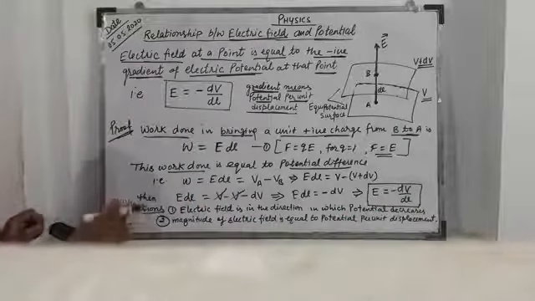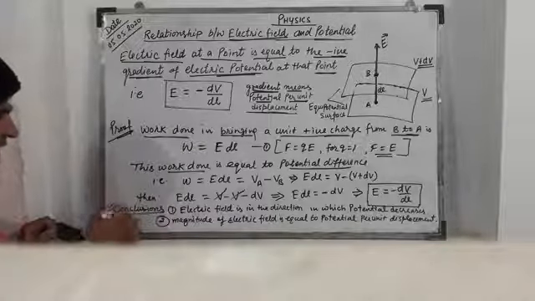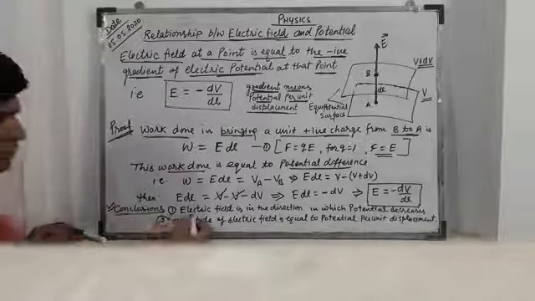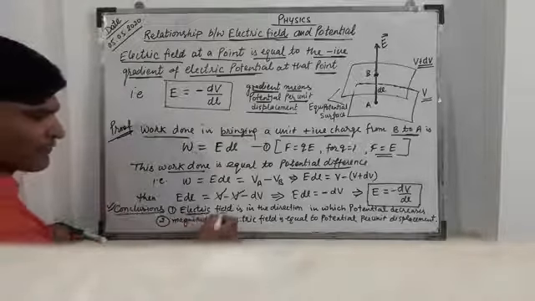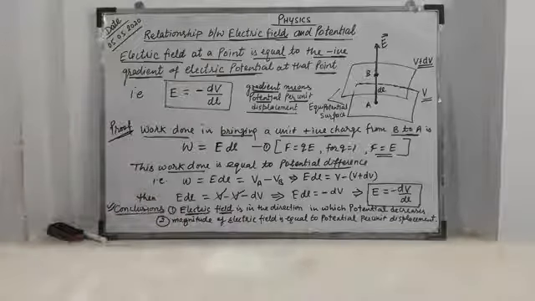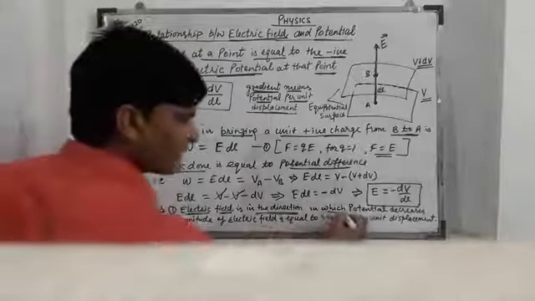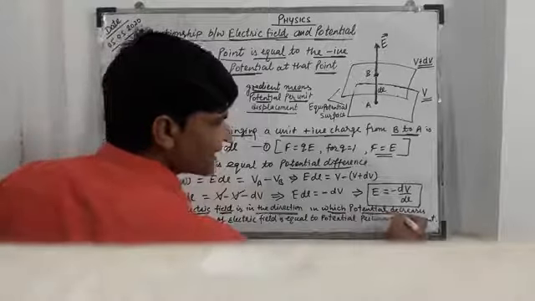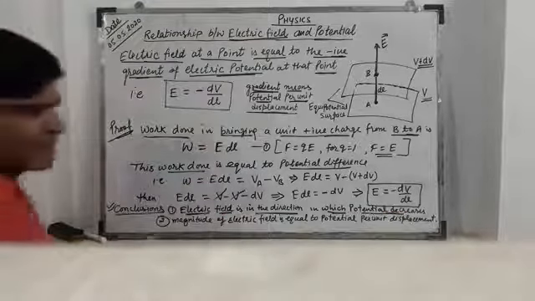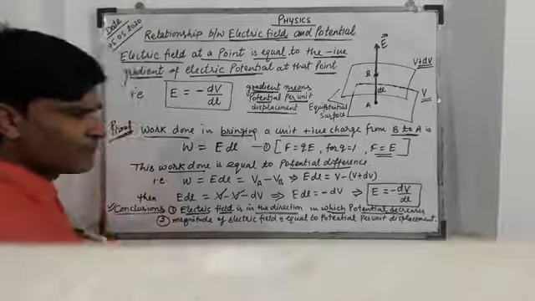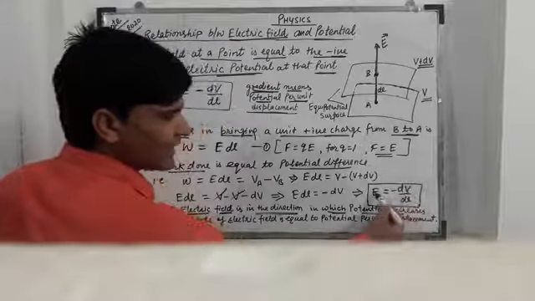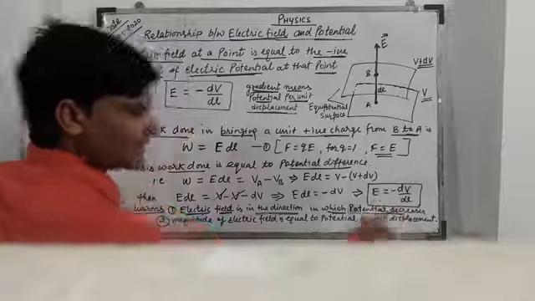Now the conclusions from this are: the first conclusion is that the electric field is in the direction in which potential decreases. This means if V decreases, then E increases.